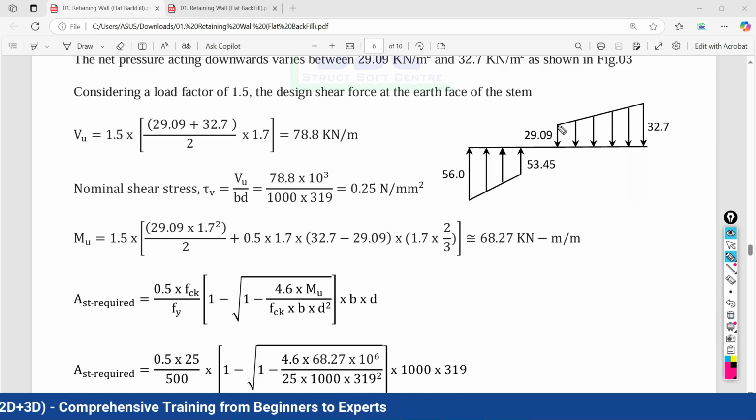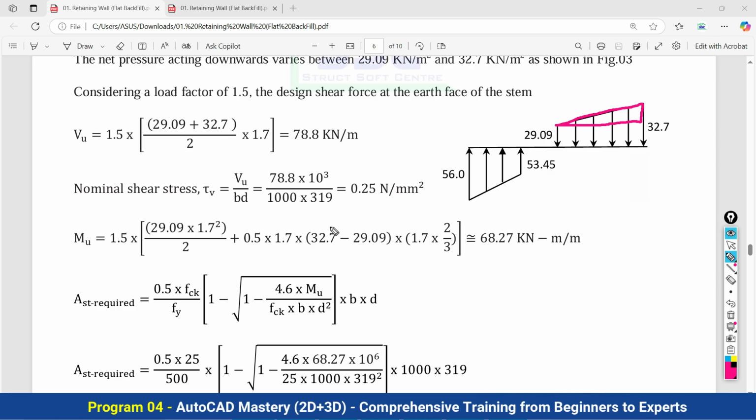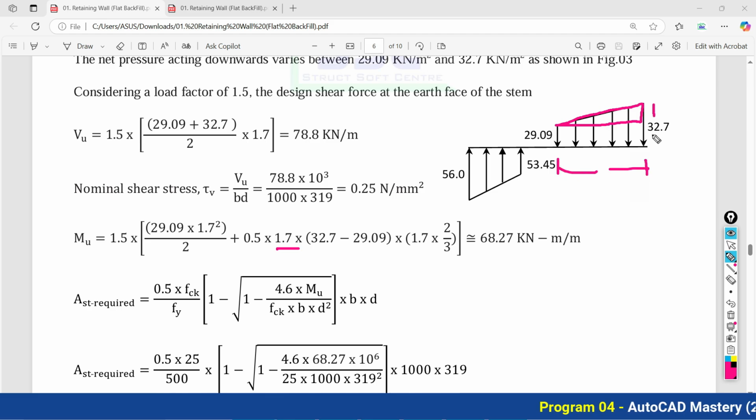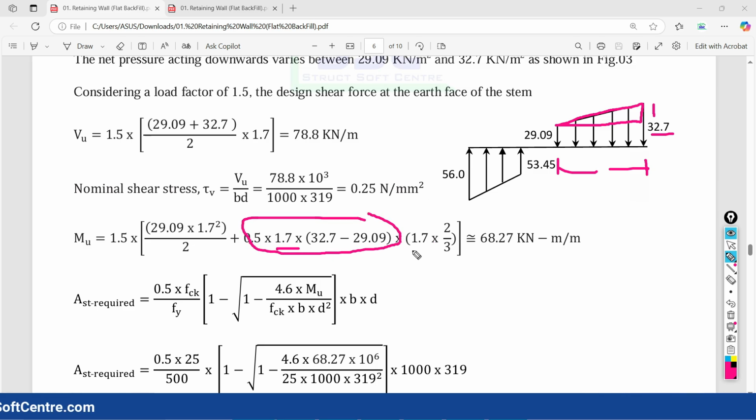Thereafter the next item is your triangle. The triangle area is half, base is 1.7, and height is the difference of 32.7 minus 29.09. This value is going to be multiplied with the centroidal distance of this triangular area.